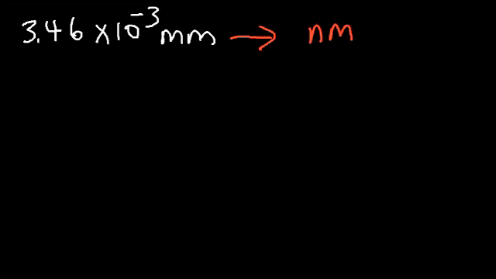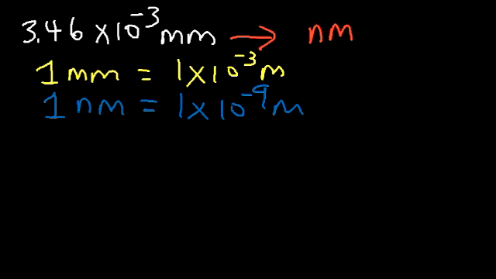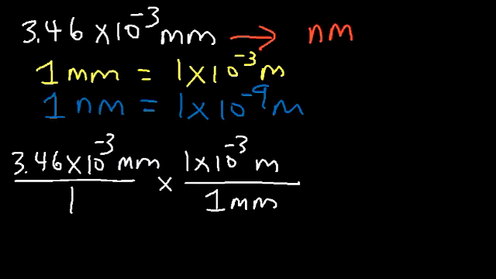So now that we have the conversion factors that we need to get the answer, let's go ahead and do it. Let's start with what we have: 3.46 times 10 to the minus 3 millimeters over 1. Let's convert millimeters into meters. So millimeters is going to go on the bottom. There's 1 times 10 to the minus 3 meters for every millimeter.